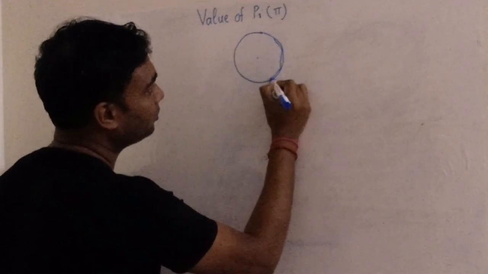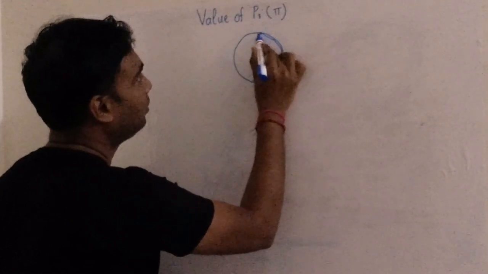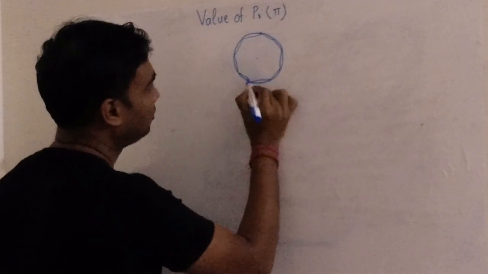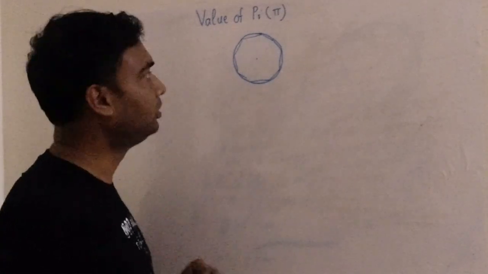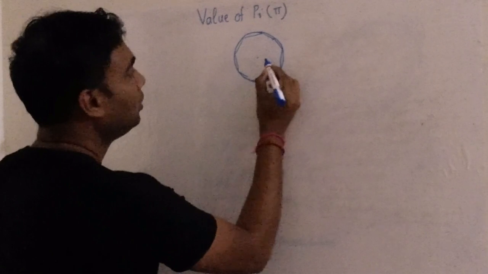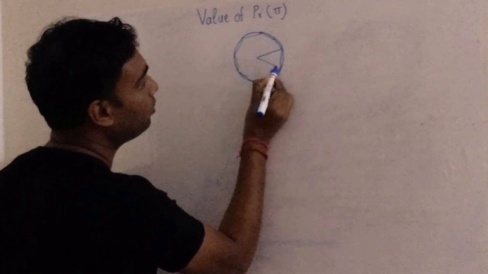This is not looking like a regular polygon, but let us draw a polygon of n sides like this. This polygon has n sides. Now let me join the center with this regular polygon.